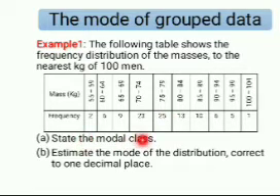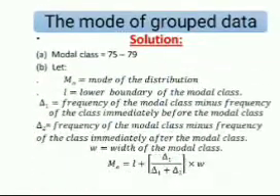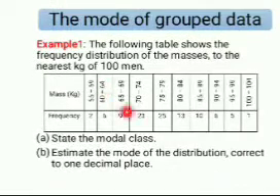And therefore the modal class is equal to 75 to 79. So this is the solution now. The modal class is equal to 75 to 79, from the given table here.